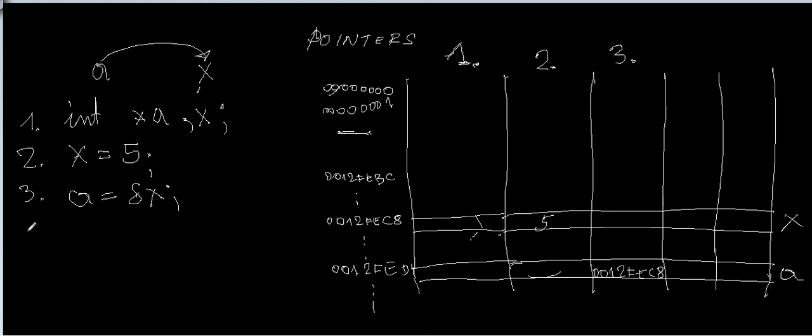In the fourth line, let's have another variable. Let it be variable p that is equal to the value in the address a. Suppose that the place in the memory reserved for the variable p is in this address.